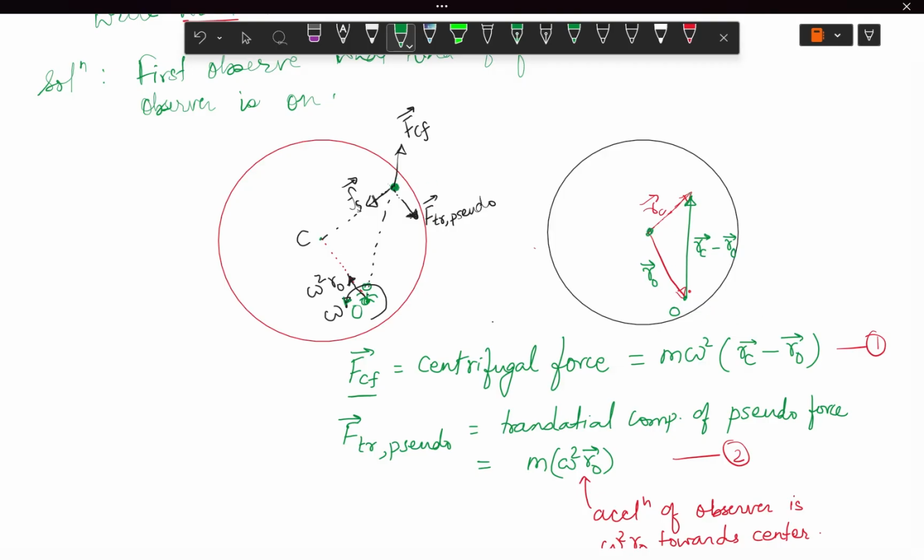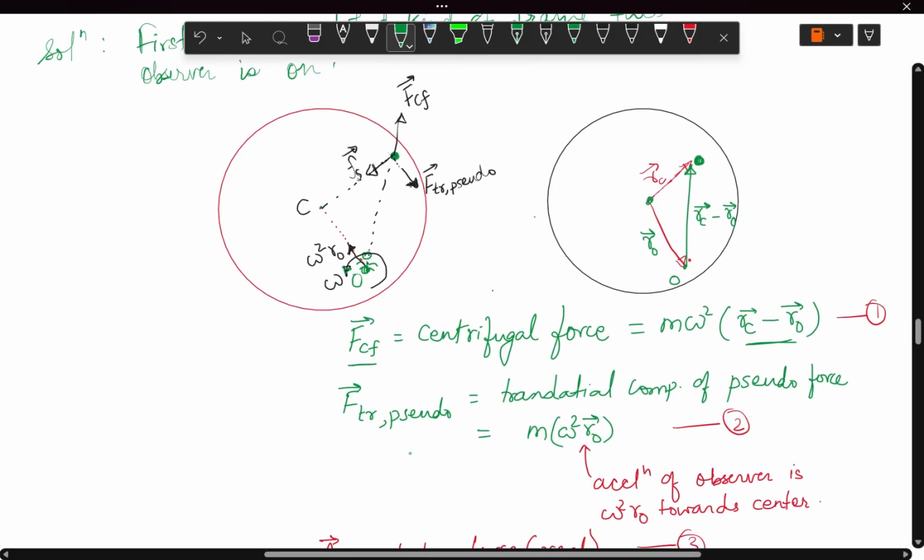Let's say this is the position vector of the coin, RC vector, given in the question. And this is the observer whose position vector is RO vector. So RC vector minus RO vector is this vector. What will be the centrifugal force? M omega square into this vector, because it is m omega square into r and the direction is away. So it is m omega square into RC vector minus RO vector. That's your centrifugal force.